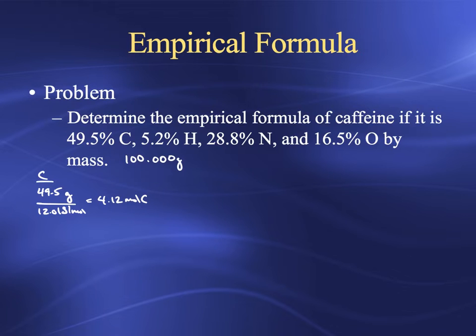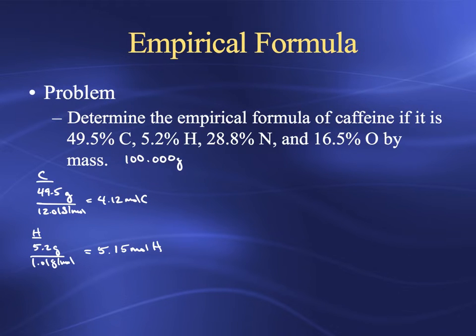Now we need to do it to the other elements. Hydrogen, we got 5.2 grams of hydrogen divided by its molar mass, 1.01 grams per mole. It's going to be very close to 5.2, a little bit less. I'm going to use 3 significant figures here just to give us a better number to work with. 5.15 moles of hydrogen.